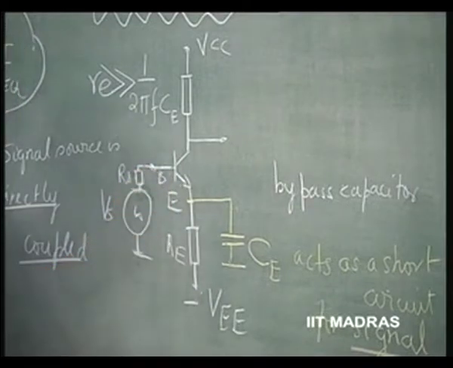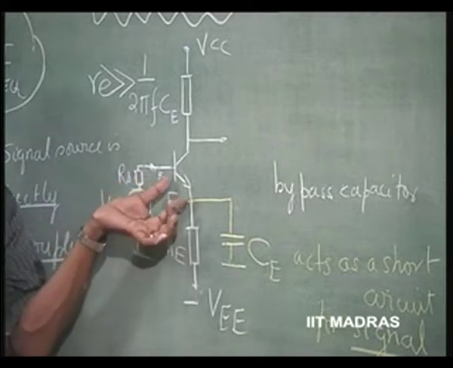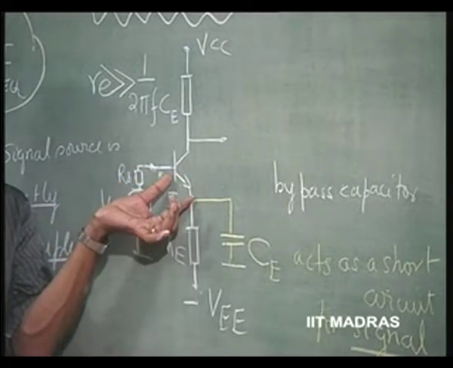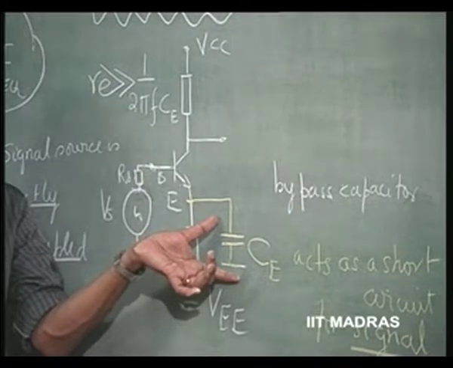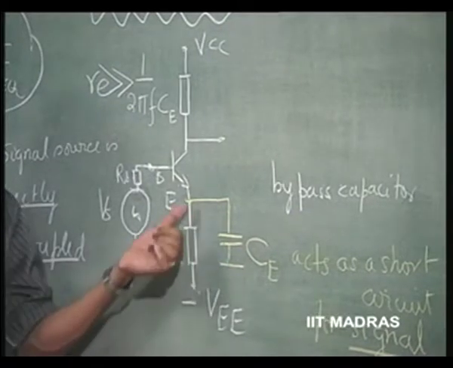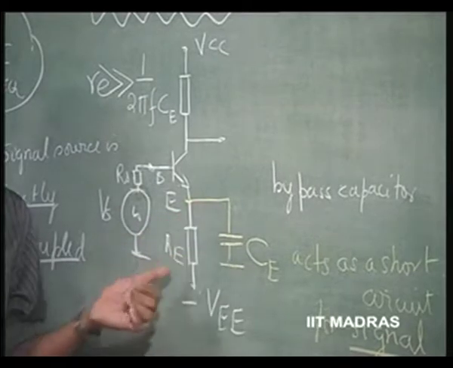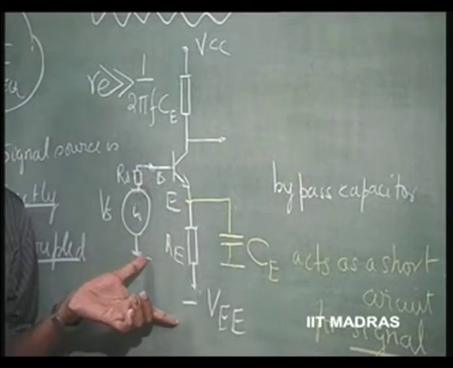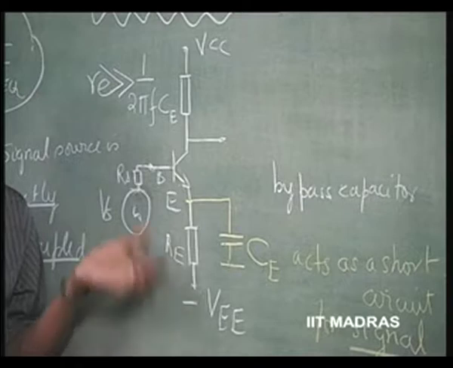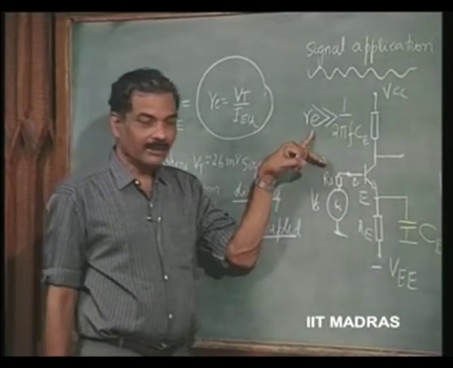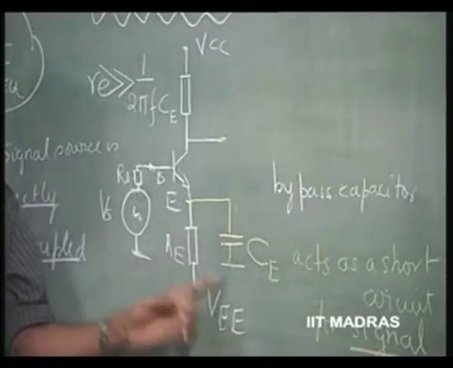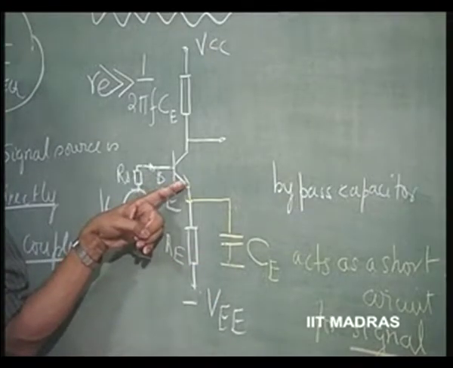So, this is something I want to point out: you have to worry about this impedance while evaluating the value of the capacitor needed to act as a short circuit. Even though it is bypassing the capital Re, capital Re is going to be very large compared to small re. For signal, you have to make this a short circuit compared to small re, which is of the order of tens of ohms.